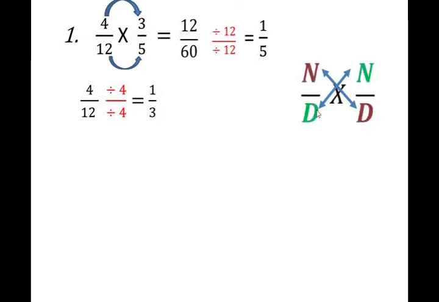Now, boys and girls, if you have two fractions, and you notice that there is a multiplication operation in between these two fractions, that means you are multiplying them. You can also cross simplify. Cross simplify means you can simplify the numerator of the first fraction with the denominator of the second fraction, in a diagonal manner.